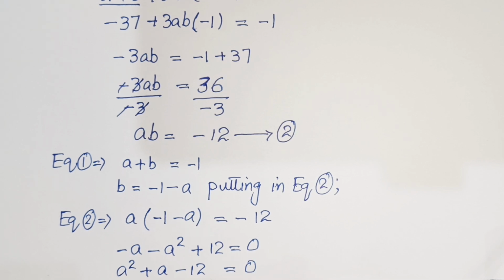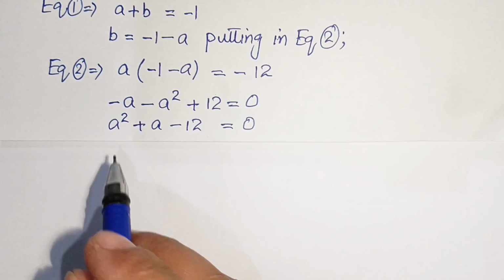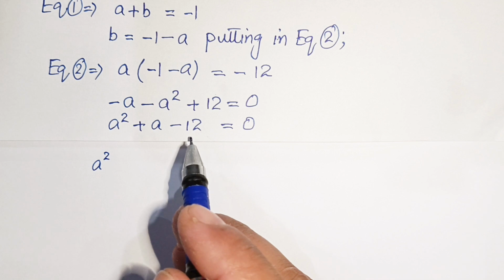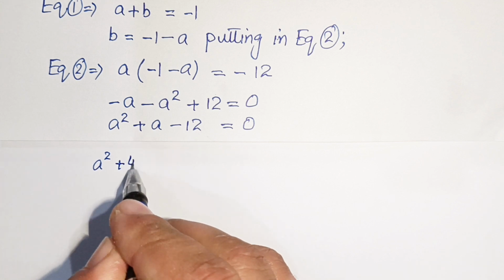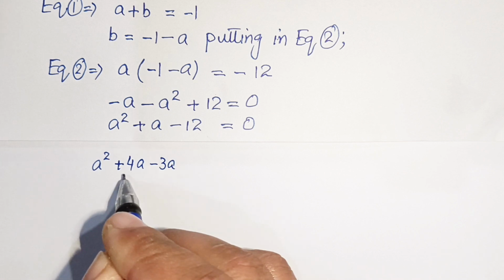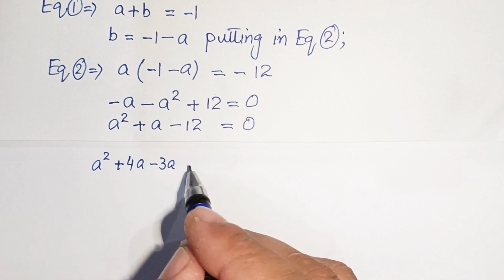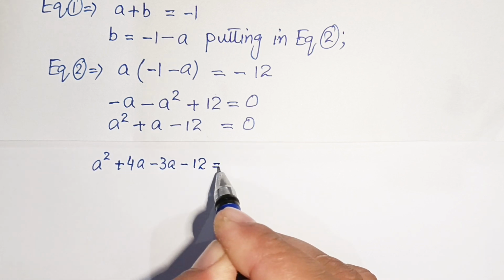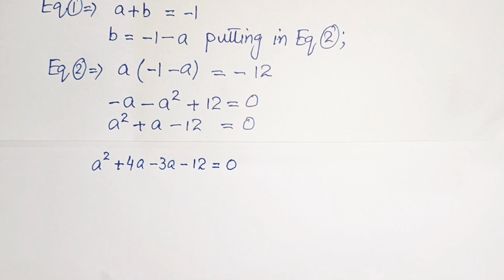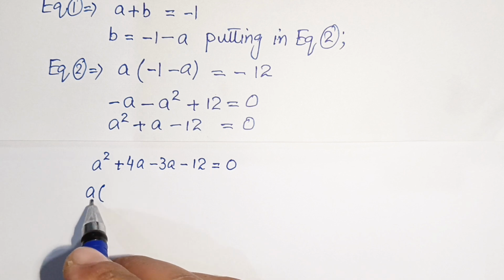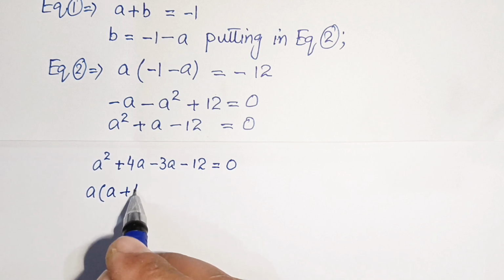Now it is a nice quadratic equation. We solve it by the factorization method because it is factorable. Multiplying 4 times 3 gives 12, so we write plus 4a minus 3a, which are the factors of this plus a. So a squared plus 4a minus 3a minus 12 is equal to 0. Taking common from the first pair, a squared plus 4a gives a times (a plus 4).